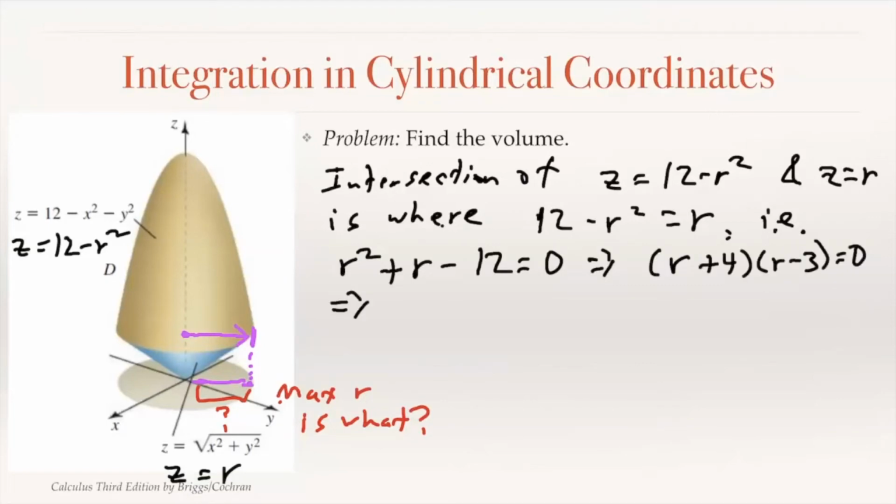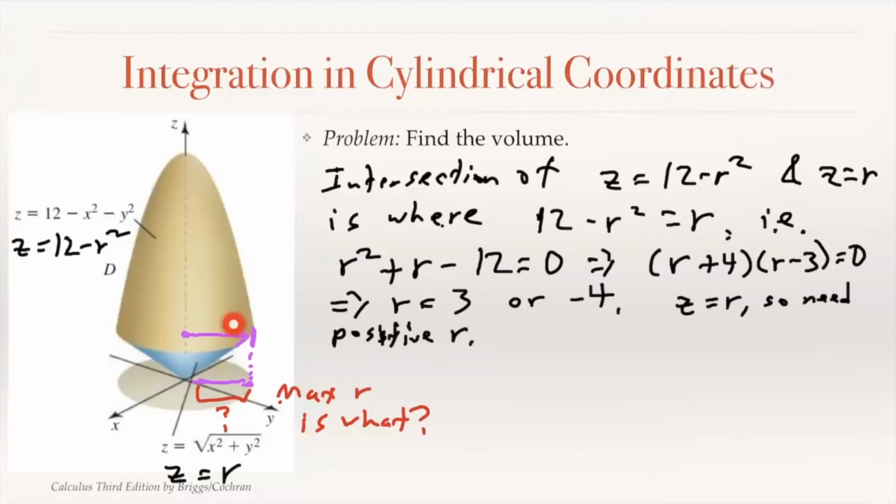And factoring and solving for r, we have r is 3 or minus 4. Okay, and z is r, so we need a positive r, since z is positive. So that means that the max r is r equals 3.